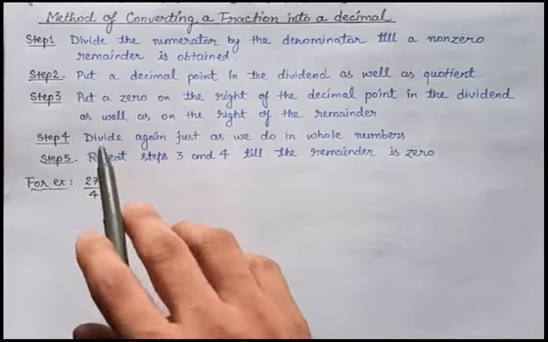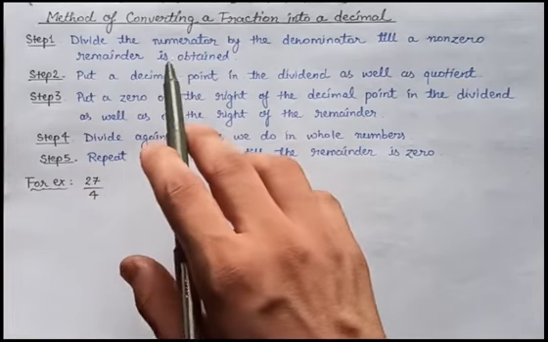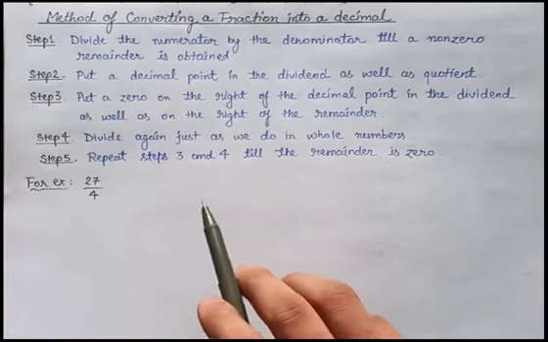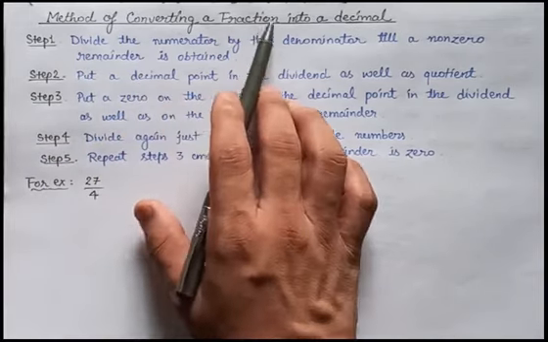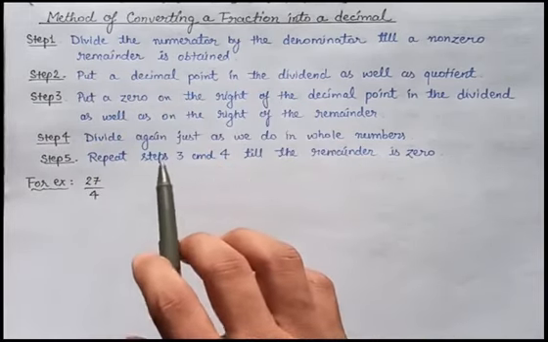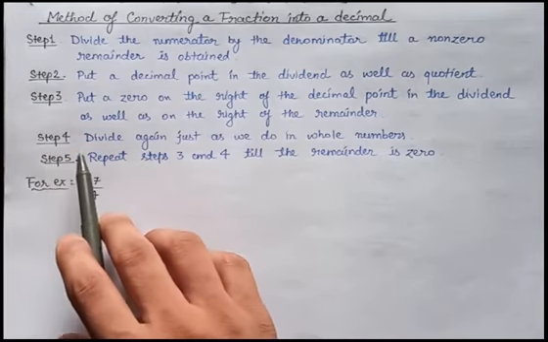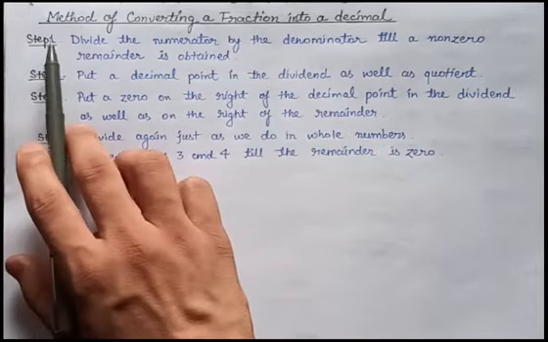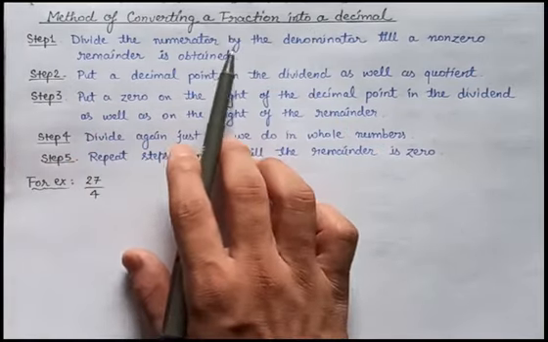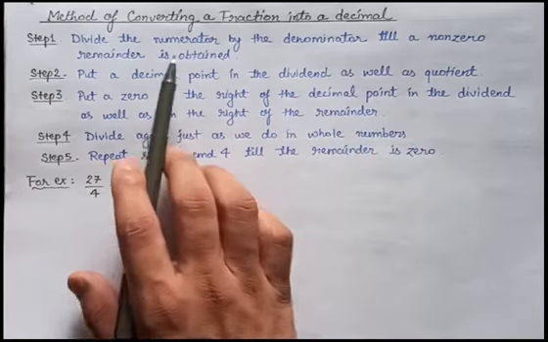Now students, previously you have understood how to convert a given decimal into a fraction. Now we will see the method of converting a fraction into a decimal. So let us see. Again there are several steps which one must follow in order to convert a fraction into a decimal. Step 1 is divide the numerator by the denominator till a non-zero remainder is obtained.